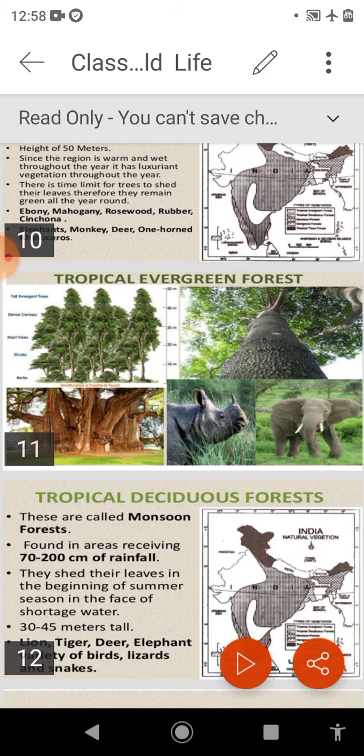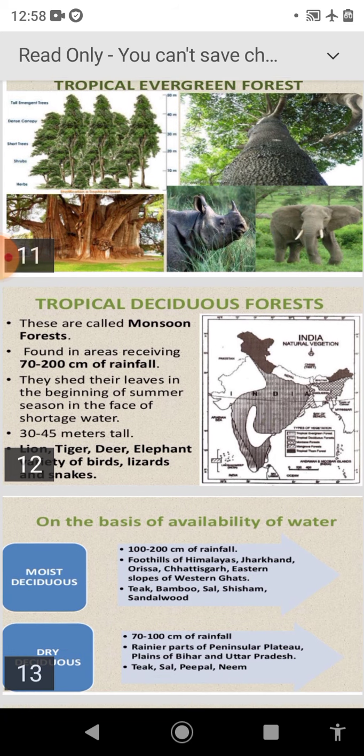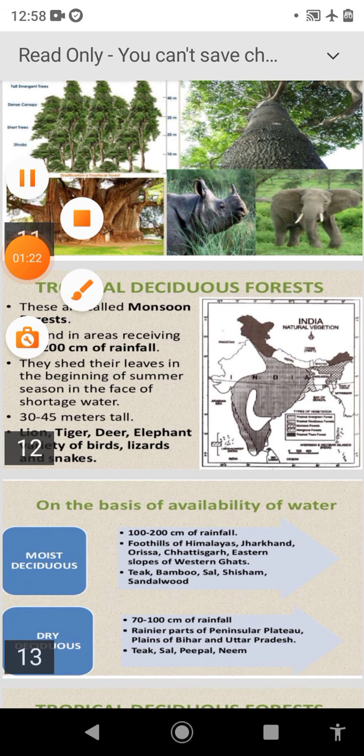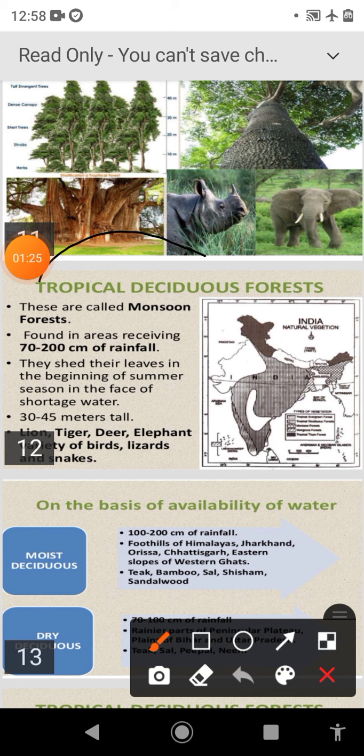After that, we will discuss about the tropical deciduous forests. With regard to the tropical deciduous forests, these forests are the most widespread forests of India, and they are also called monsoon forests.